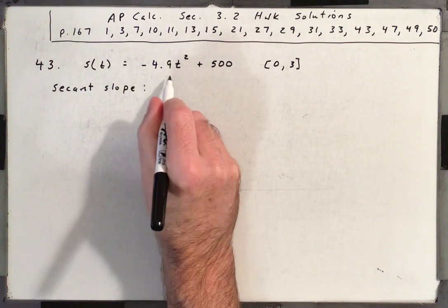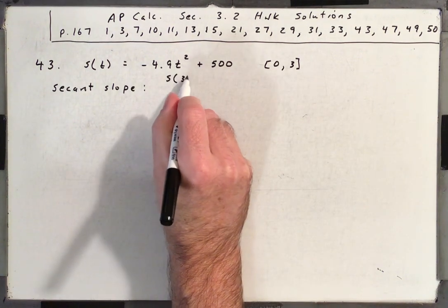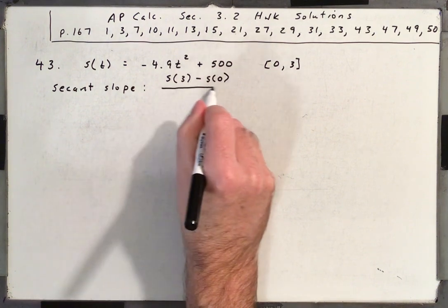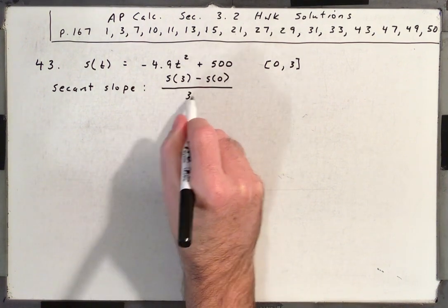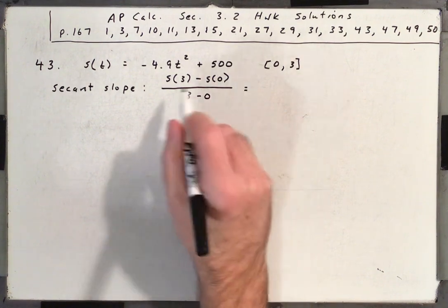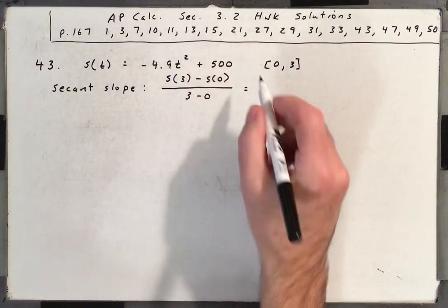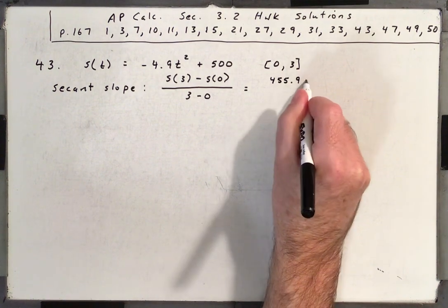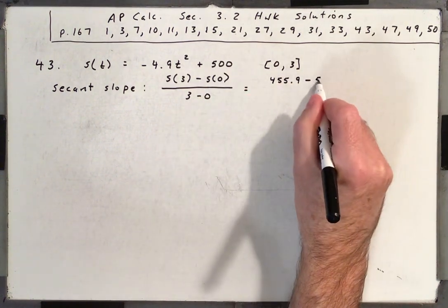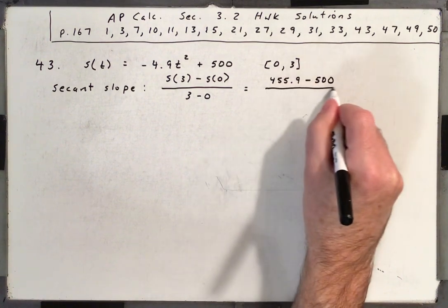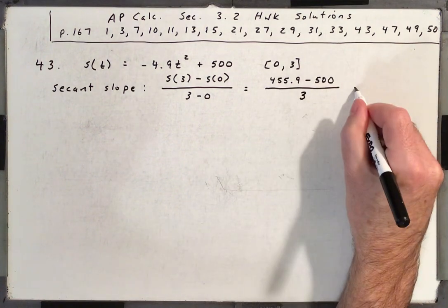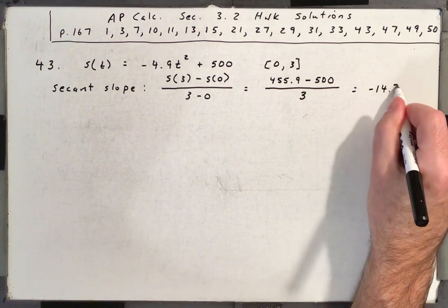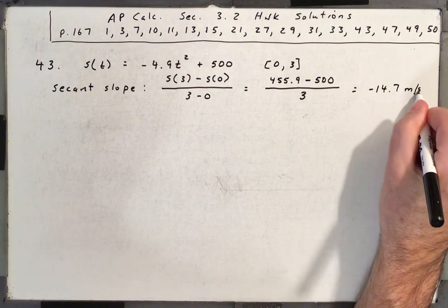So that's going to be s of 3 minus s of 0 over 3 minus 0. So s of 3, if we plug in 3, is 455.9. If we plug in 0, that's going to be 500 over 3, and that is negative 14.7, and we are in meters per second.